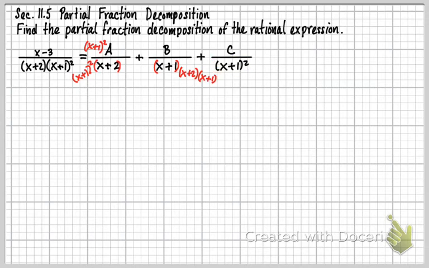They all have to have the same thing when we're done here. Oops, I almost forgot. That means the top is going to need an x plus 2 times x plus 1. And then this last one just needs an x plus 2, so the top needs to be an x plus 2. Okay, there we go.